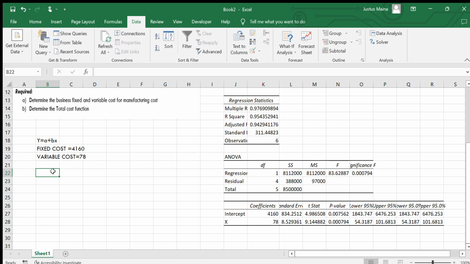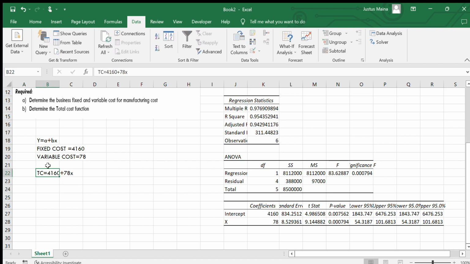So if you want to determine the total cost function, we just say that total cost is equal to, now we stated that the fixed cost should come first, and that is 4160 plus, sorry, not 4140, it's 4160 plus 78x.